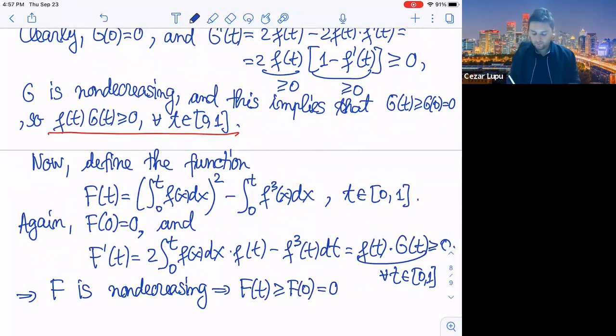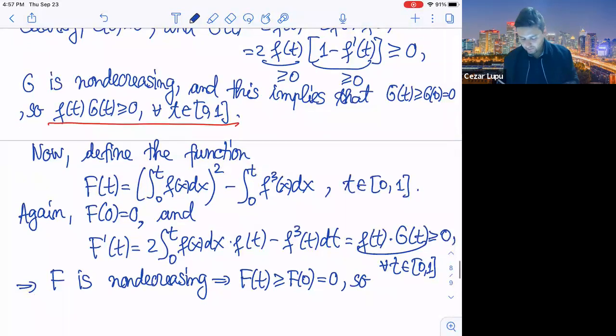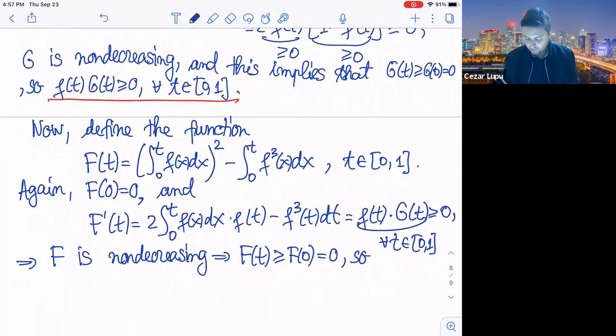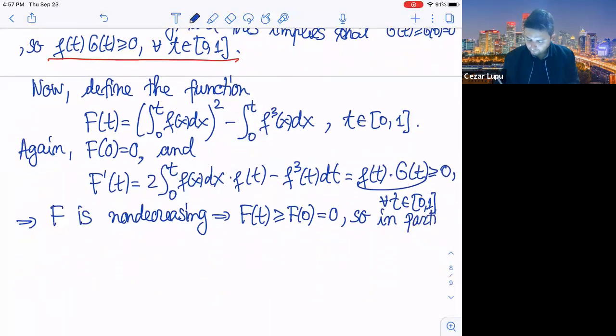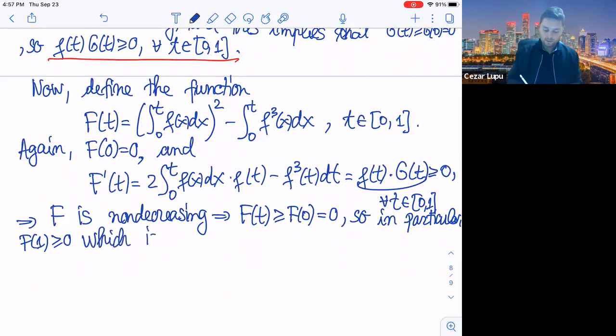So in particular, f of 1 is greater or equal than 0, which is our conclusion, which is exactly what we wanted to prove.